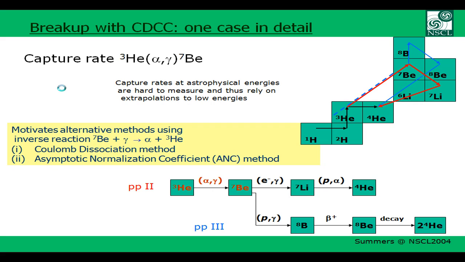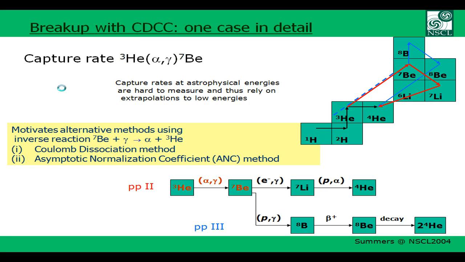Now the LUNA collaboration has meanwhile measured it quite accurately, but people often use indirect methods to try and extract this rate. One method is through Coulomb dissociation. So if you look at the inverse process, you've got beryllium-7 coming in, you break it up as an alpha plus helium-3, and you look at the inverse process.